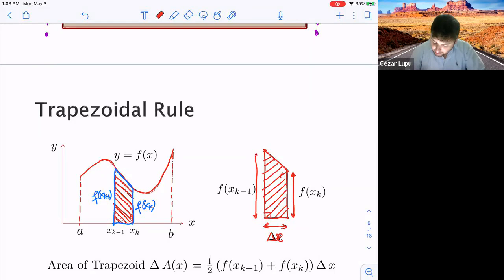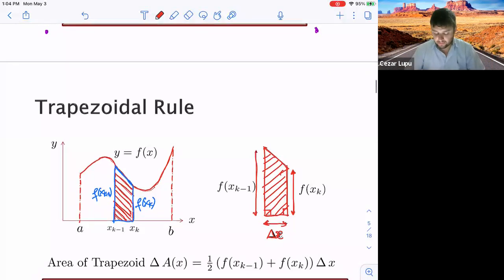Pay attention, this is a right angle trapezoid here. So this is the height, which is delta x. So it's the big base plus the other base, the above base, times the altitude, everything over 2, which is exactly the area of the trapezoid.